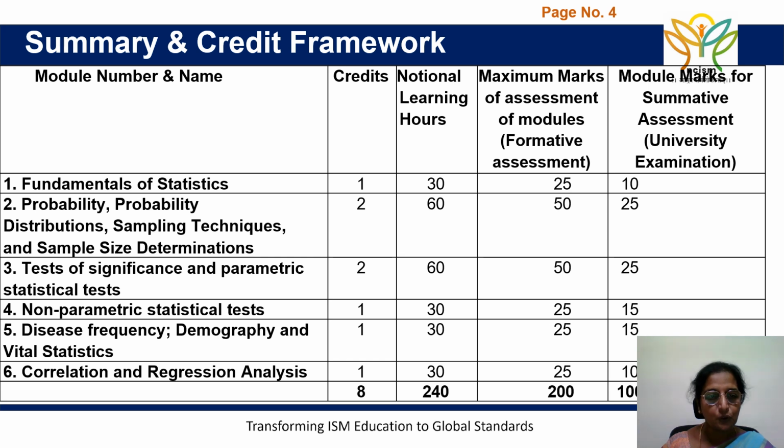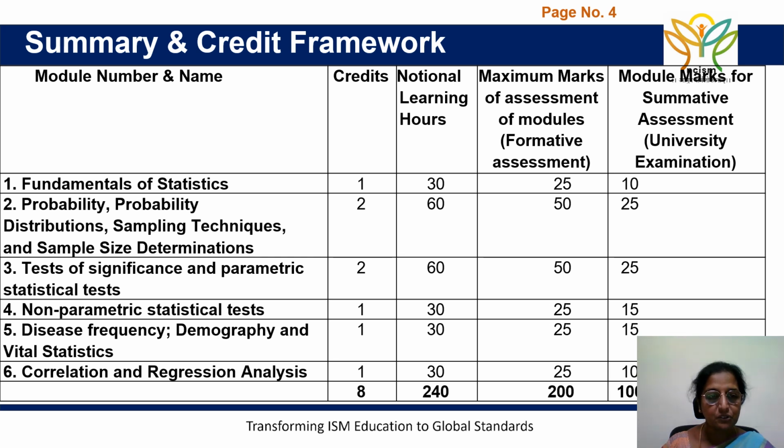Coming to the third module, Test of Significance and Parametric Statistical Test, it carries 2 credits with 60 notional learning hours, 50 marks assigned for the formative assessment and 25 marks assigned for the summative assessment.